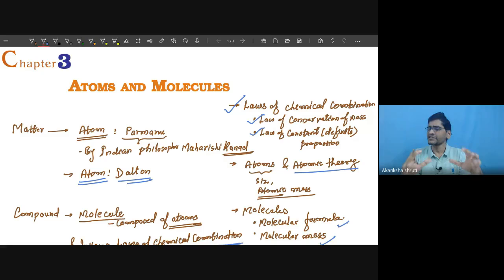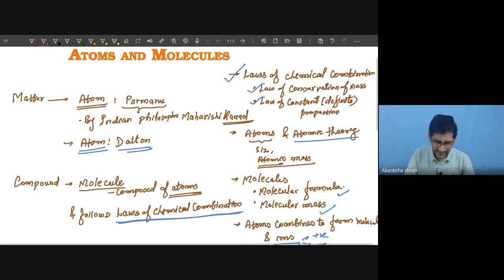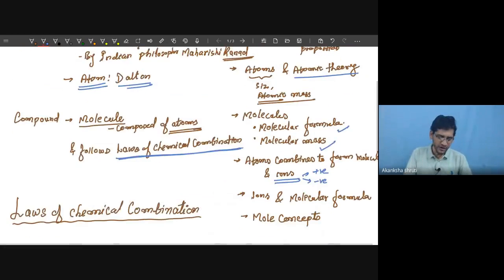The smallest particle of the element is the atom, so atoms of the element combine to form molecules of the compound, following the law of conservation of mass and the law of constant proportion or definite proportion. These are the things we have to learn.